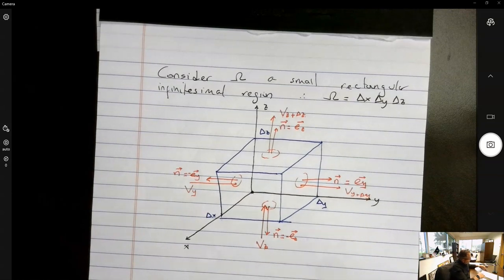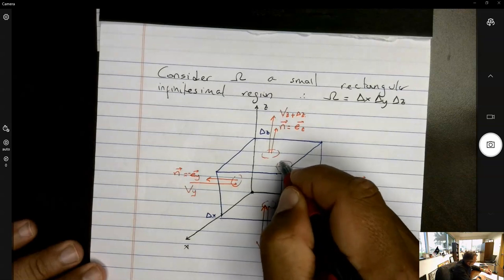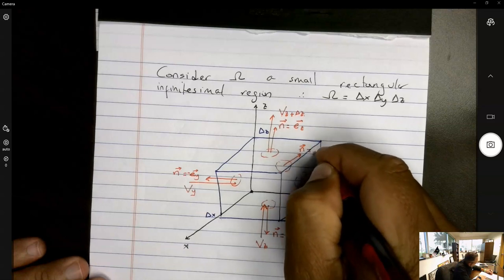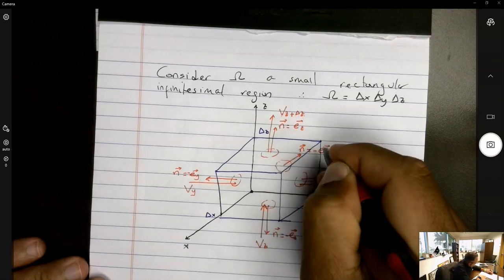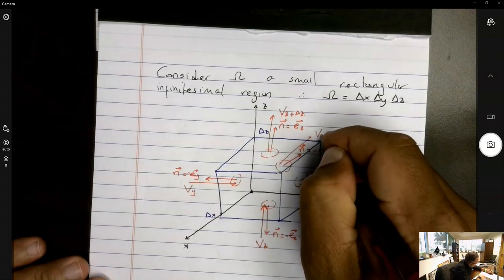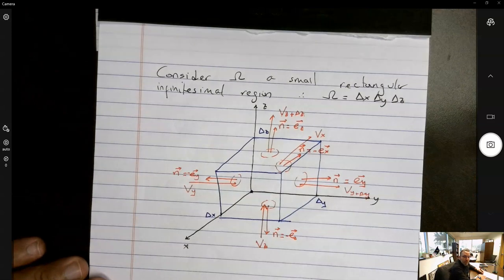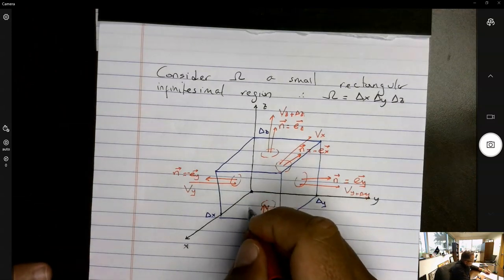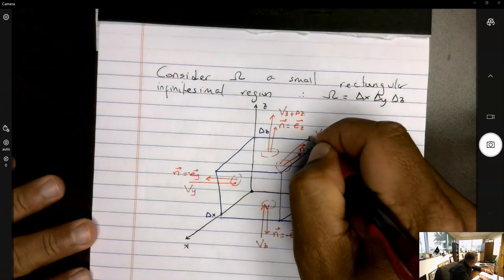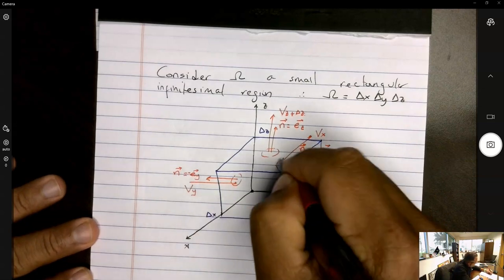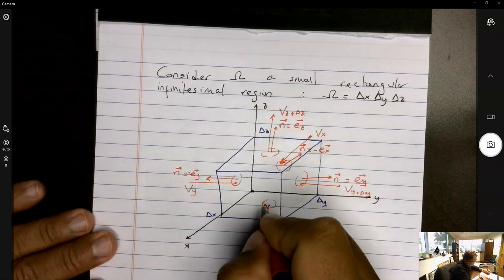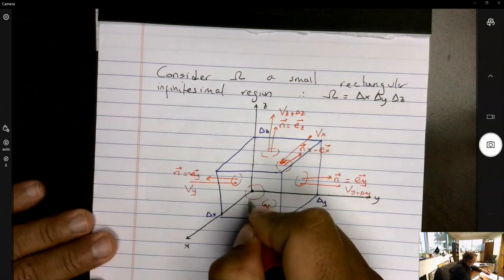And likewise, in the back wall here, we're going to have a normal vector n that is equal to minus Ex, and we're going to have a velocity Vx. That's the only one that's going to survive. Every component of the vector is a scalar, so it doesn't actually point anywhere.